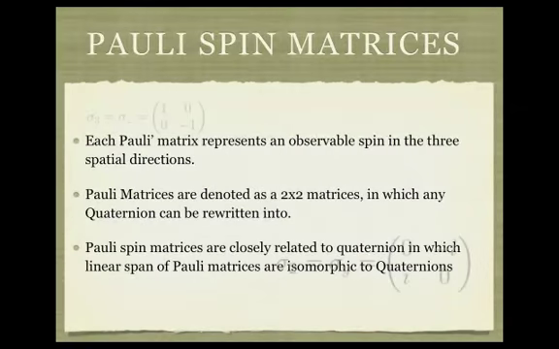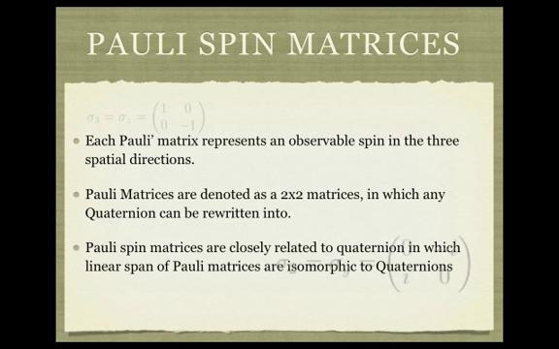Pauli spin matrices. The important thing about spin matrices in relation to rotation is that Pauli spin matrices represent observable spin in three spatial directions. The Pauli spin matrix is just a 2x2 matrix in which any quaternion can be written. So basically, any quaternion can be written into this form.